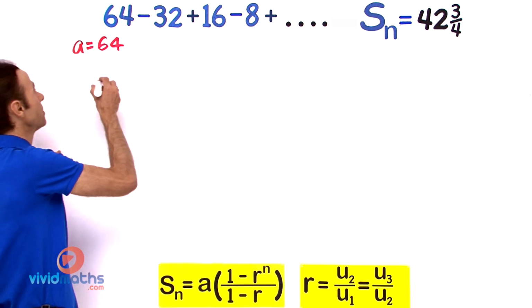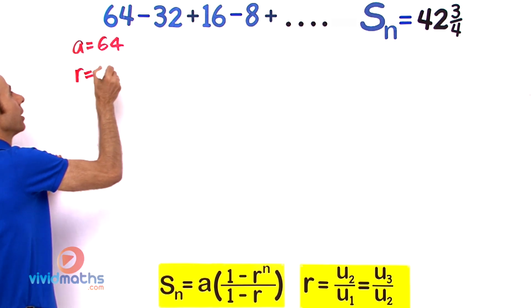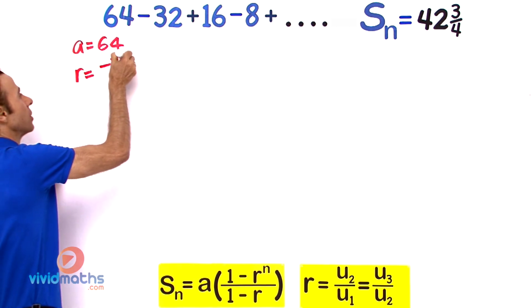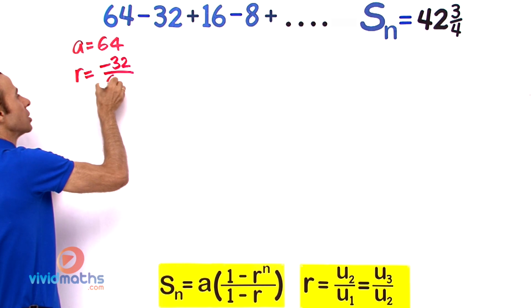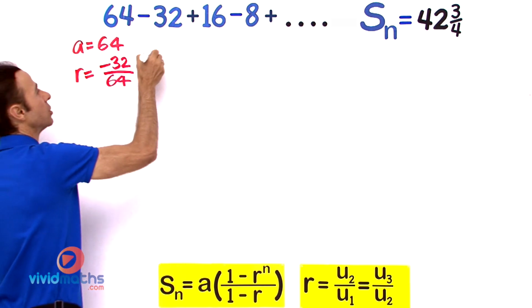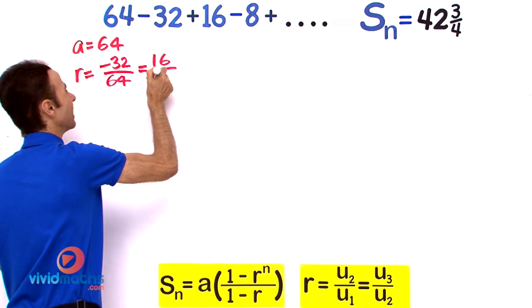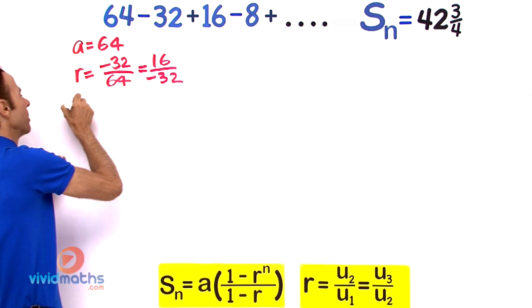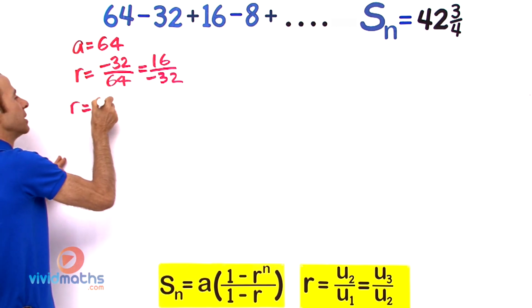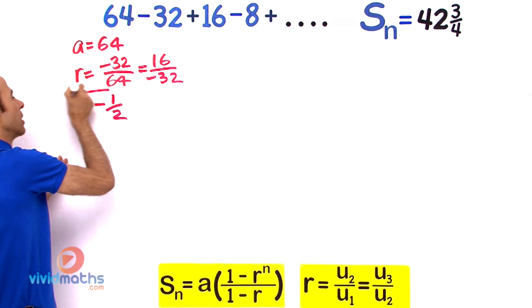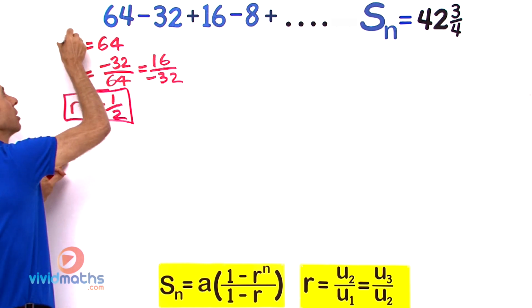So R here would be negative 32 over 64, which is equivalent to 16 over negative 32. If you simplify that, R will equal negative 1/2. So there's our common ratio.